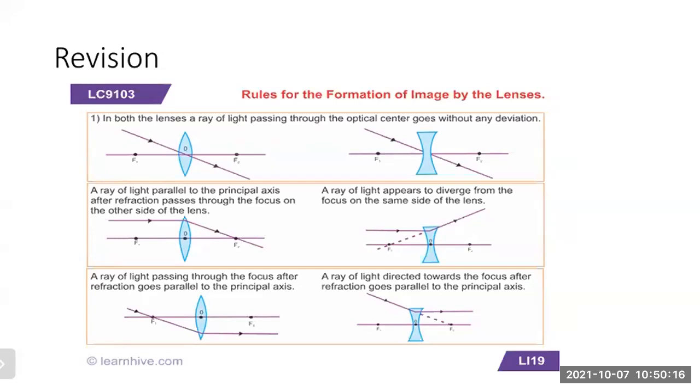And for concave, the ray of light appears to diverge from the focus on the same side of the lens. The third rule: a ray of light passing through the focus, after refraction, goes parallel to the principal axis. That is the same for both lenses. These three rules are very important when you have to draw the ray diagram.